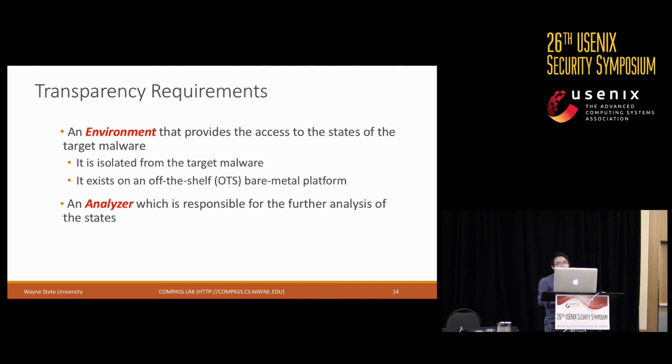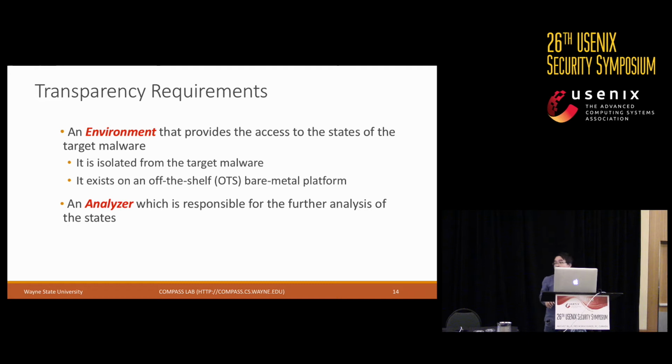We also consider that the environment should exist on an off-the-shelf bare metal platform. Why? Because we believe that an environment like a hypervisor or emulator cannot be really transparent. Due to the complexity of the hardware and the software, perfect emulation, or perfect virtualization, is not really practical.